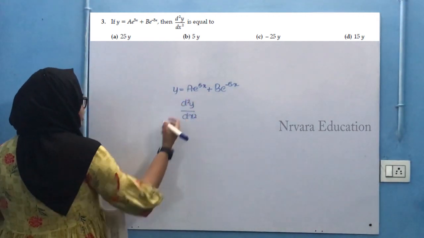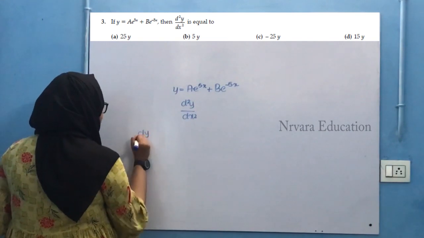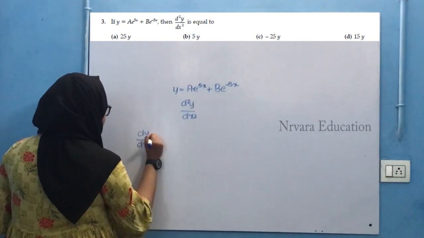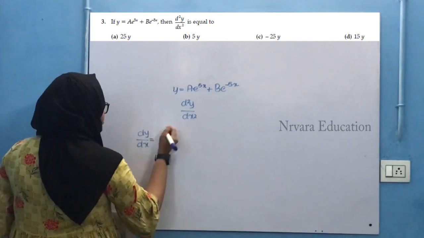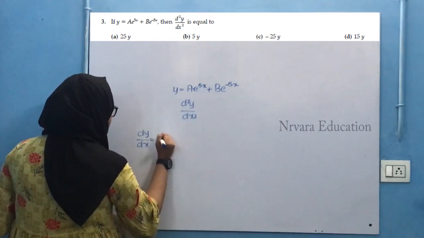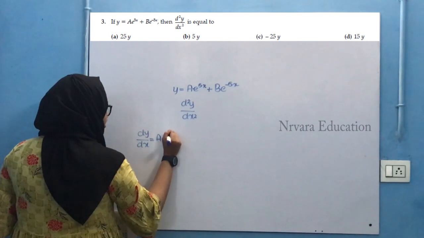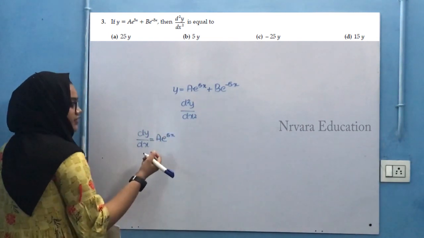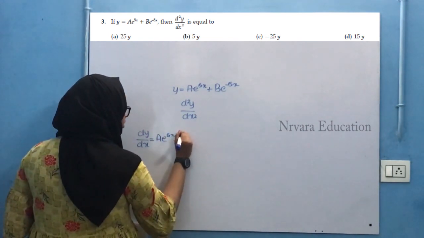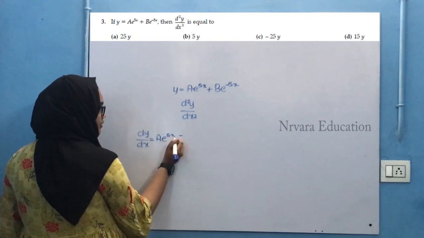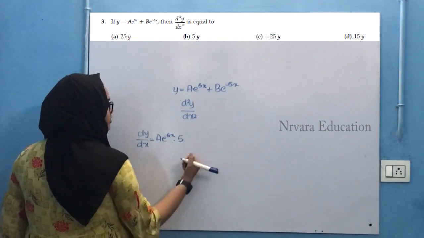So let's start off with dy by dx. In the first differentiation, since a is a constant, we won't differentiate that. Then e raised to 5x differentiated will be e raised to 5x itself into the differentiation of the power, which is 5.